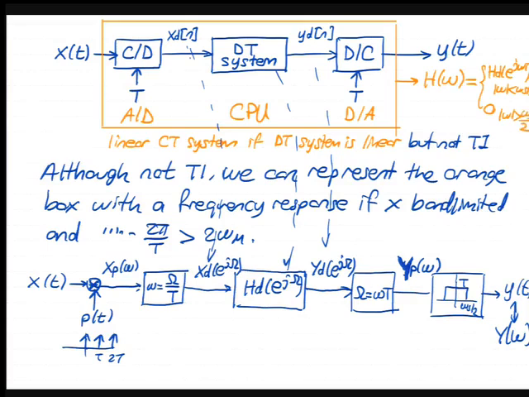And that's very useful. Again, we can do this trick only when we know that the input is band limited by a bandwidth that obeys the sampling theorem. And under that condition, we can treat this whole combined block as if it's an LTI system with this frequency response.